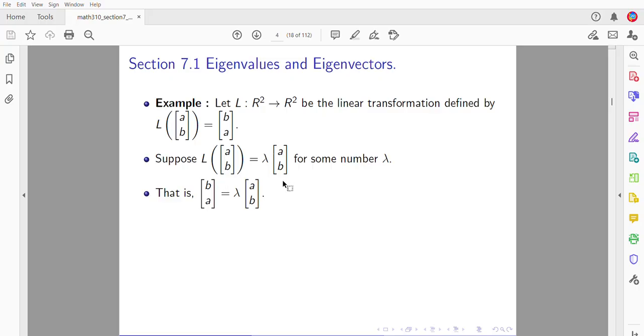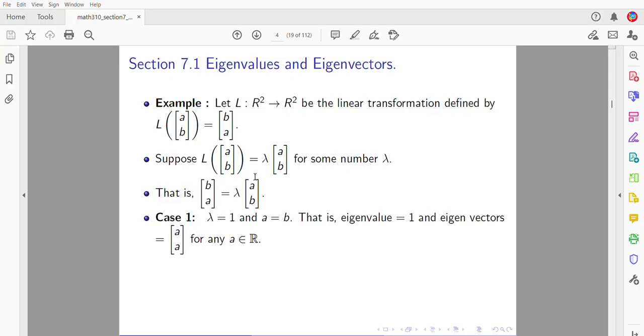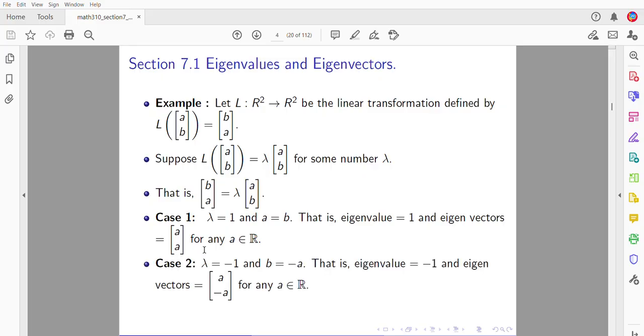This implies one case when lambda is 1, b equals a. So eigenvalue equals 1 and the eigenvector is (a, a). On the other hand, what if lambda is negative 1? Then b is negative a, and a is negative b. That is, they are opposites. So when the eigenvalue is negative 1, the eigenvector has a and b opposites, so (a, negative a). You see?